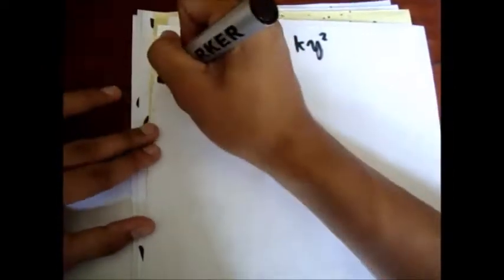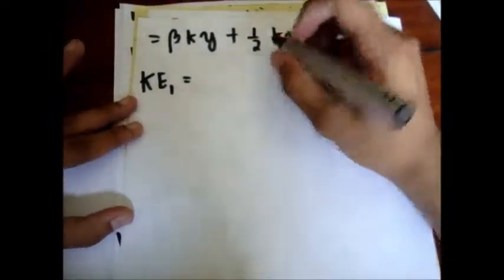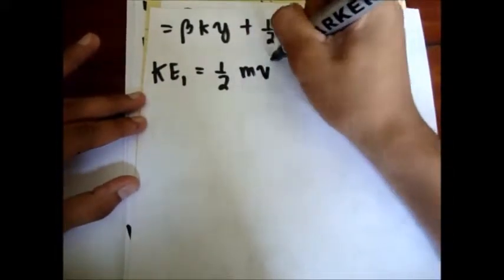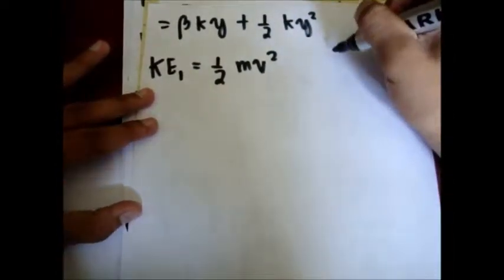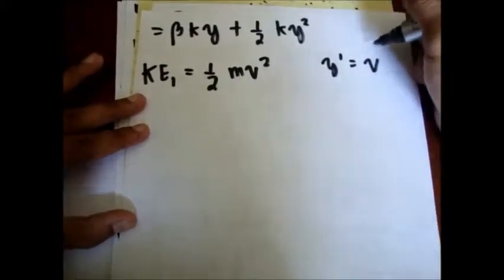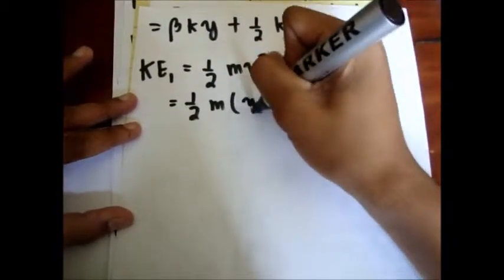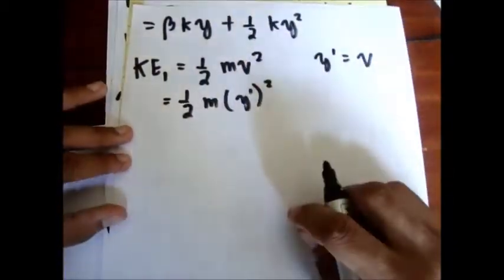The next step is to determine the kinetic energy. Our KE1 is for the weight, because it is moving. Our weight is 2W. Recall that kinetic energy is 1/2 mv squared, and the derivative y prime is equal to v. So we have 1/2 m quantity y prime squared.